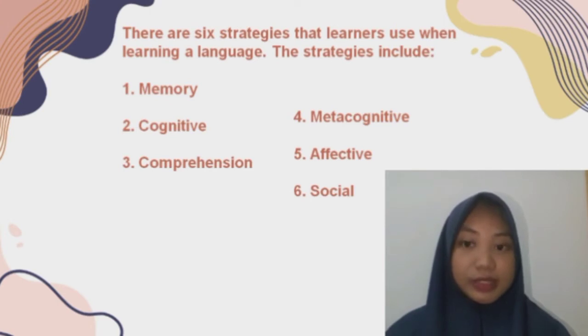There are 6 strategies that learners use when learning a language. The strategies include the first, memory, the second is cognitive, the third is comprehension, the fourth is metacognitive, the fifth is affective, and the last is social.